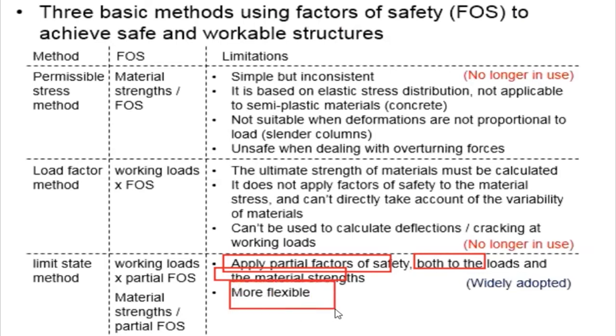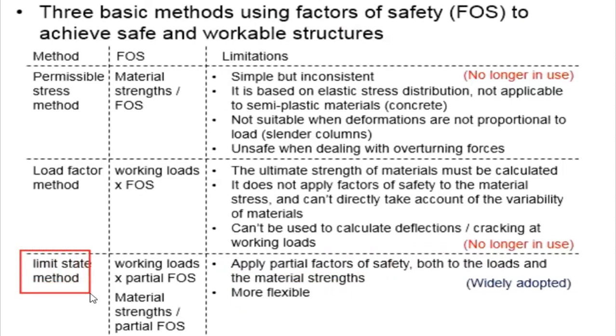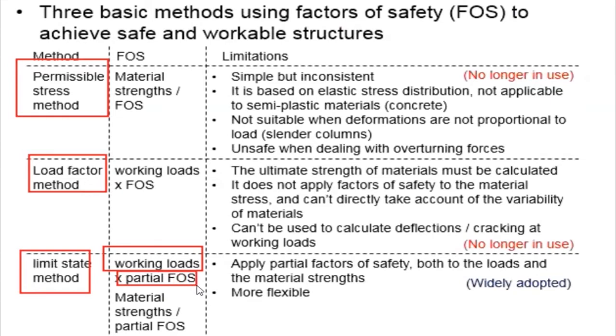Also, it is more flexible and adaptable for consideration in design. So in designing we consider the limit state method, and not the load factor or the permissible stress method. It means in design you take the working load times the partial factor of safety.